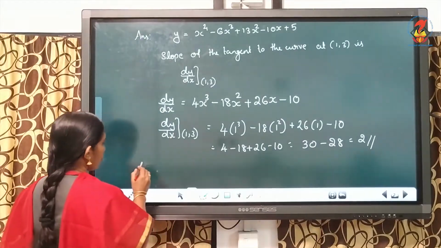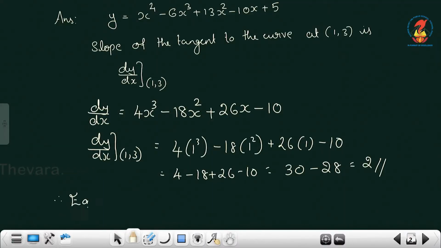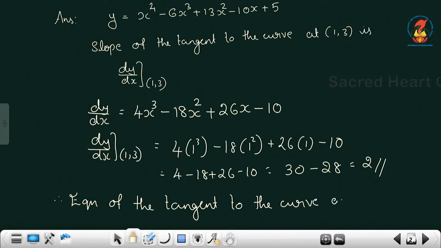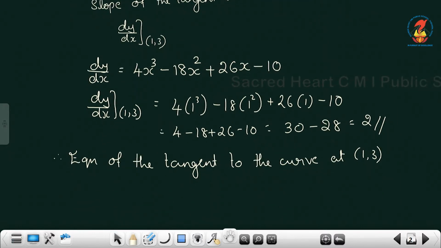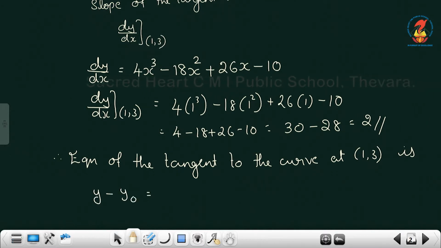Now we can write the equation. Therefore, the equation of the tangent to the curve at (1, 3) is y - y0 = slope × (x - x0). Just substitute in this equation.